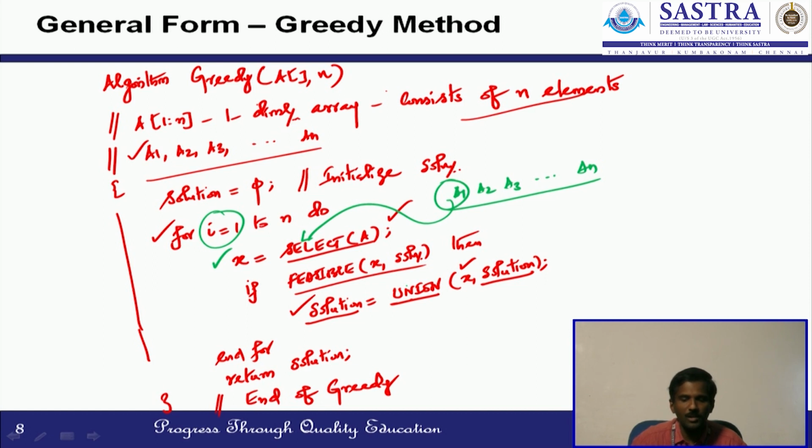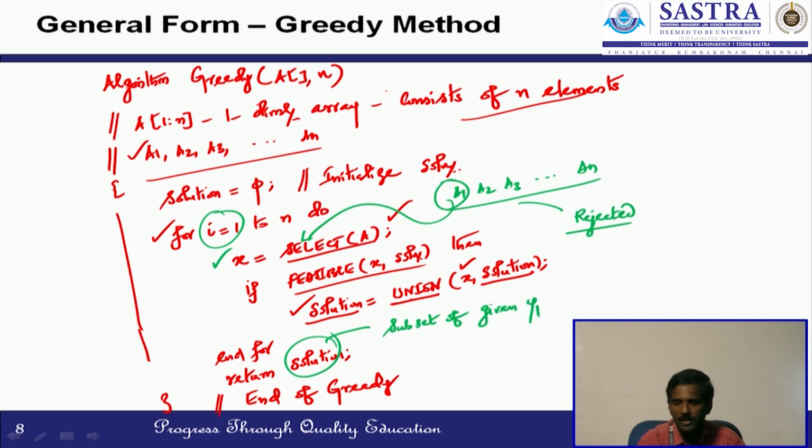In case a1 is not feasible, then that input is rejected. Any input that does not result in a feasible solution is going to be rejected. Finally, we have a solution. This solution is clearly a subset of the given inputs.